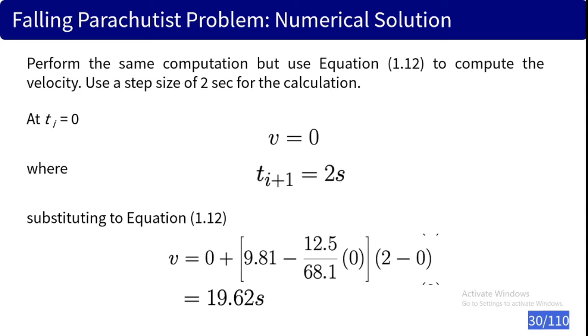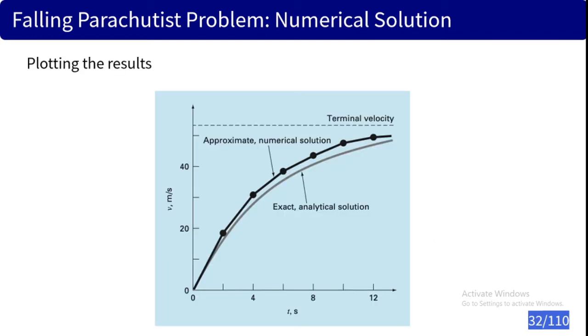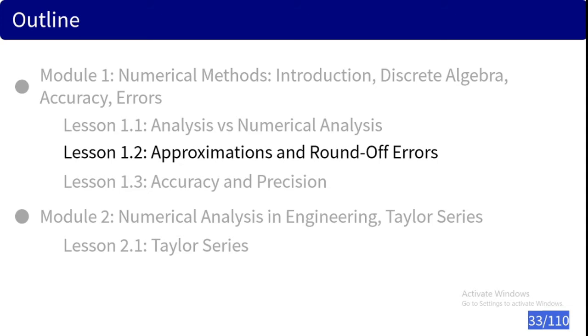So by decreasing the step size, for example 1 second or 0.5 seconds na lang step size calculation, we may get approximations nga as close as possible sa kanina analytical solution, and it will be shown sa next nato nga mga topics sa unsa ang significance nga sa pag-increase sa accuracy sa itong mga solutions by decreasing step sizes, intervals, or multiple iterations sa atong mga solutions. Next, we'll proceed with approximations and round-off errors.